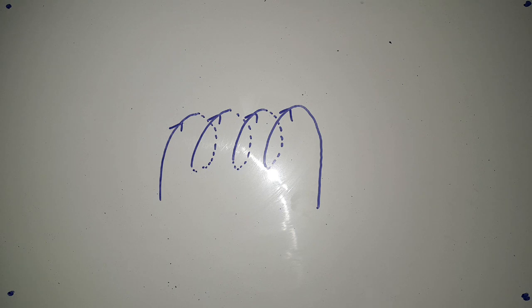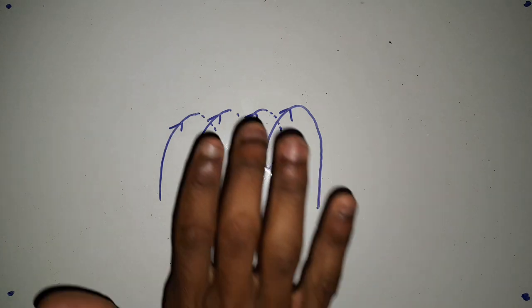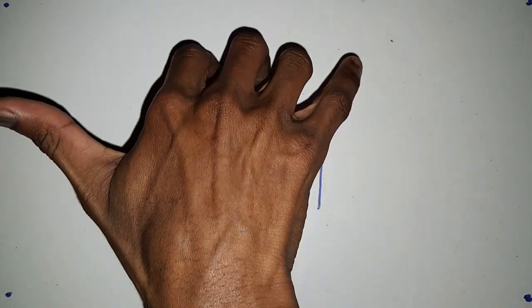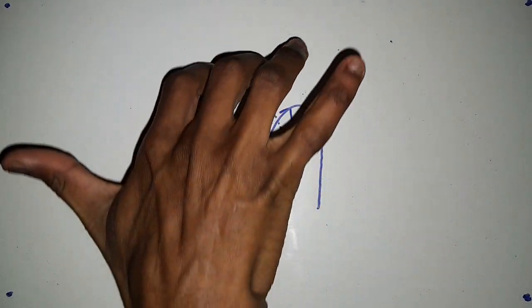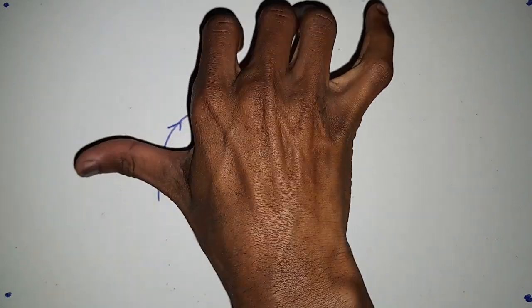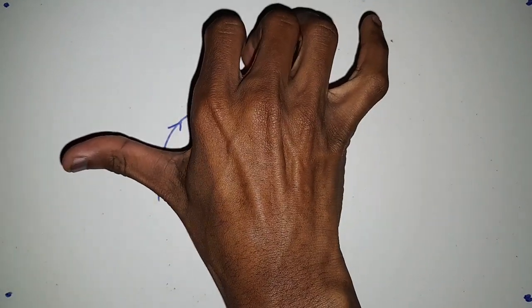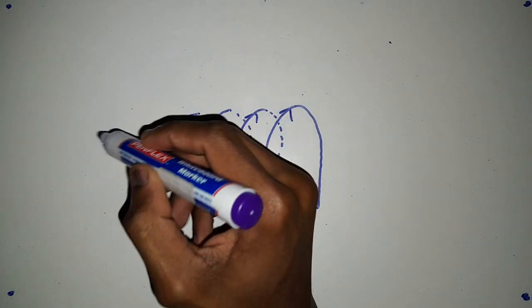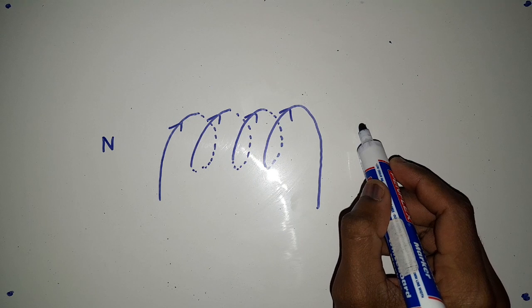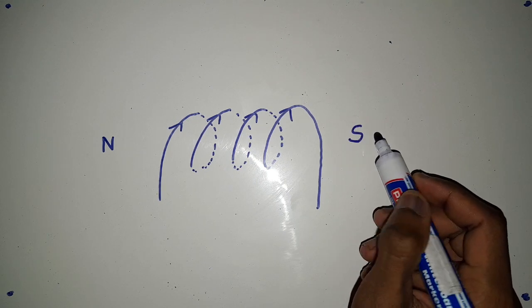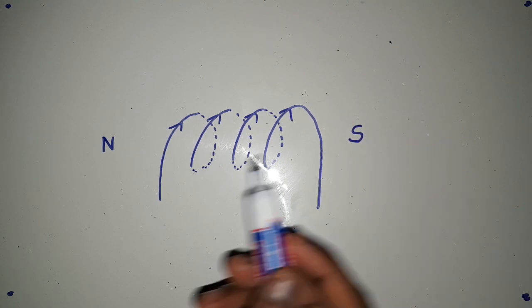Only on the solenoid, my curled fingers will be in the direction of the current, like this. Then my thumb will be facing the north side. This one is going to be my north, and this one is going to be my south of the magnetic field.